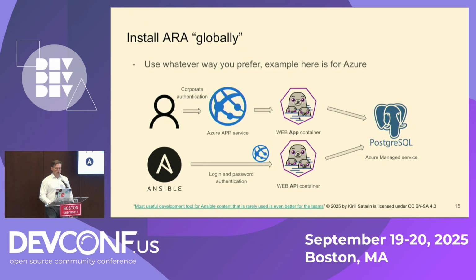And one container supports plain login and password authentication to push all the data from your console Ansible core execution or from your AWX executions, where you just provide a login and password, which you should consider as just API keys, basically. This should not be for people. And everything is on an Azure managed PostgreSQL database.